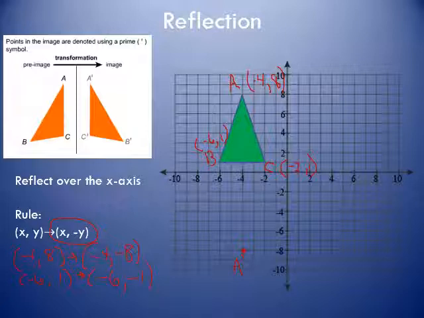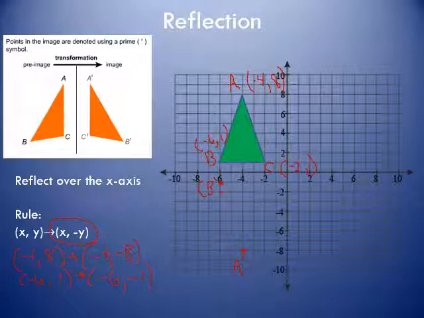So our new B is at -6, -1, which is right there. And so let me go ahead and label that B prime. I didn't need the parentheses there. But if I hit erase, it'll erase everything on the slide. So that is bad. So we're just going to leave that there.